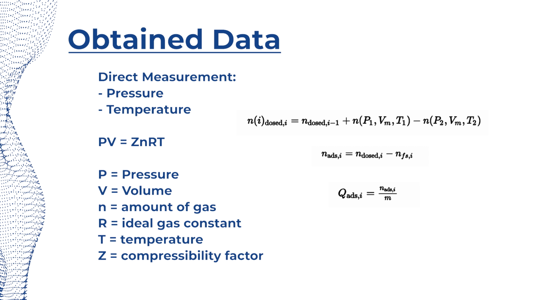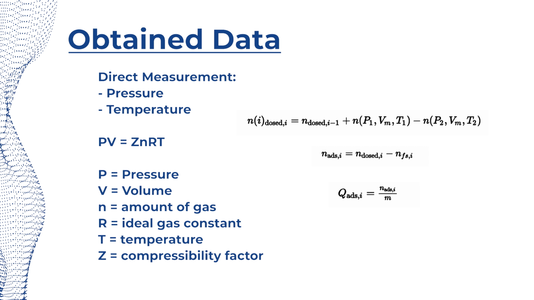The quantity of gas is calculated from knowing the pressure, volume, and temperature of the manifold. First, we calculate the quantity of gas initially dosed into the manifold, and then after the valve is opened to let the gas expand into the sample tube, the quantity of gas left in the manifold is calculated.